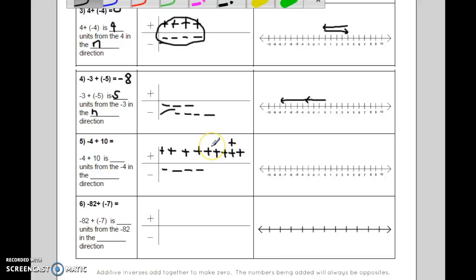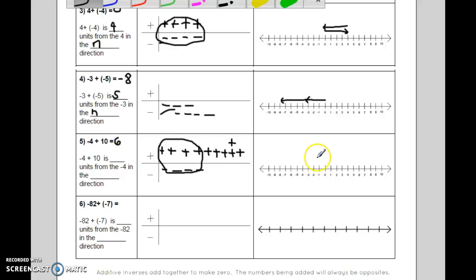So now I have all 10, and then I'm going to group up my 0 pairs. I see here that I end up having 4 0 pairs, and so that means that I have 6 remaining positives. And so my answer for negative 4 plus 10 is positive 6.